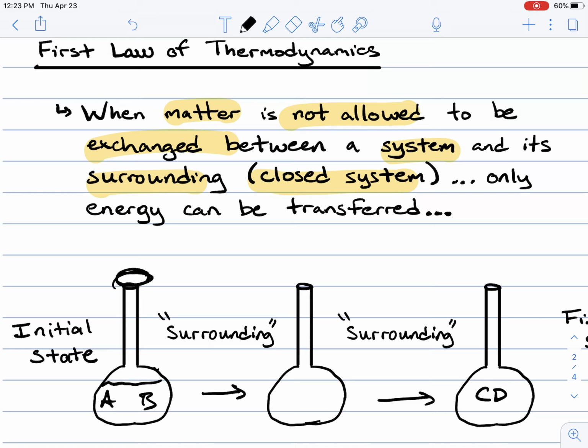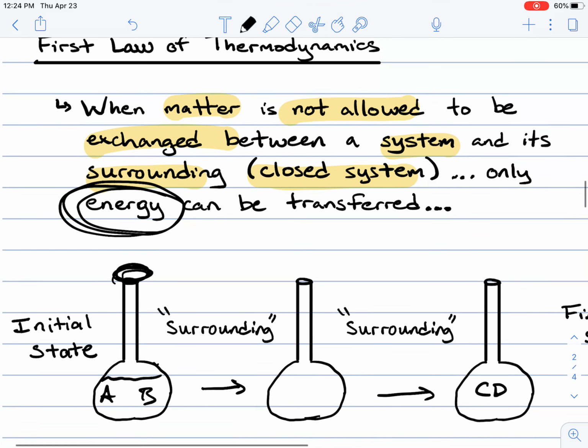And the moment it's capped, we know that no physical substance, matter, can go in or out of this volumetric flask. The only thing that can be exchanged is energy. And that's really important because it's going to enable us to calculate this one thing, and I'll talk about it in just a second.